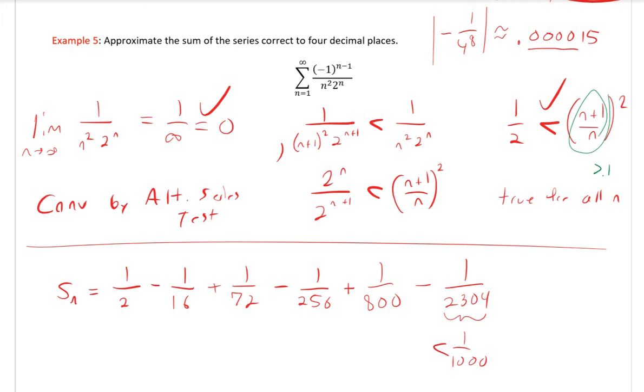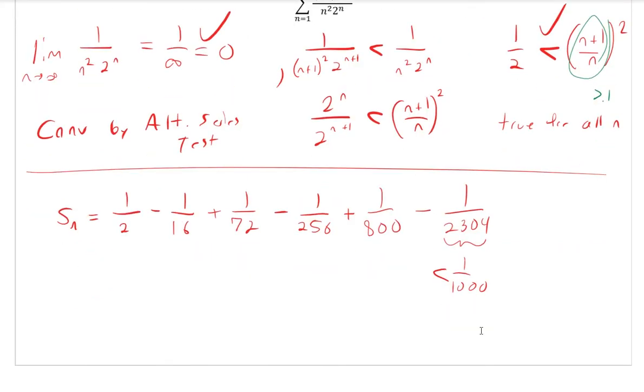So this is going to start to influence stuff less than the 4th decimal place. You can even check that. This term here, if you approximate that, will give you, technically negative, 0.000434. Let's check. 1 divided by 2304 again. Yep, to the 4th decimal place, 0.000434.